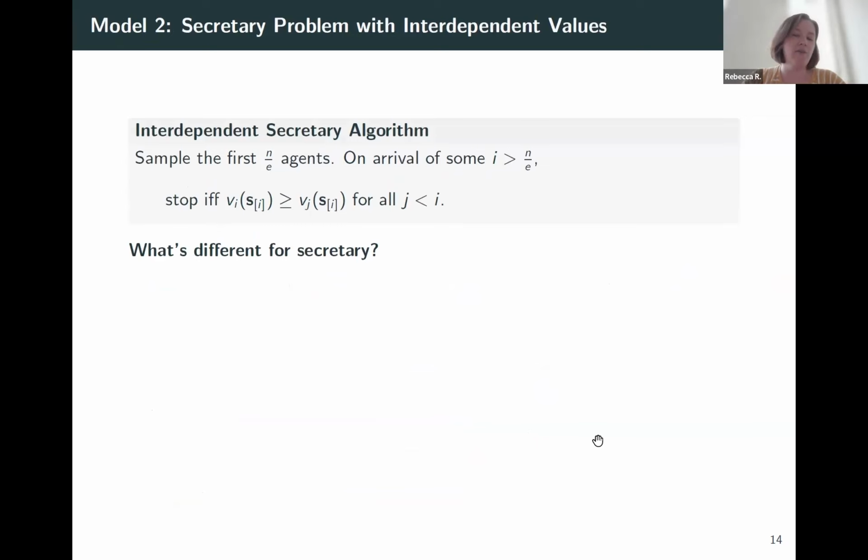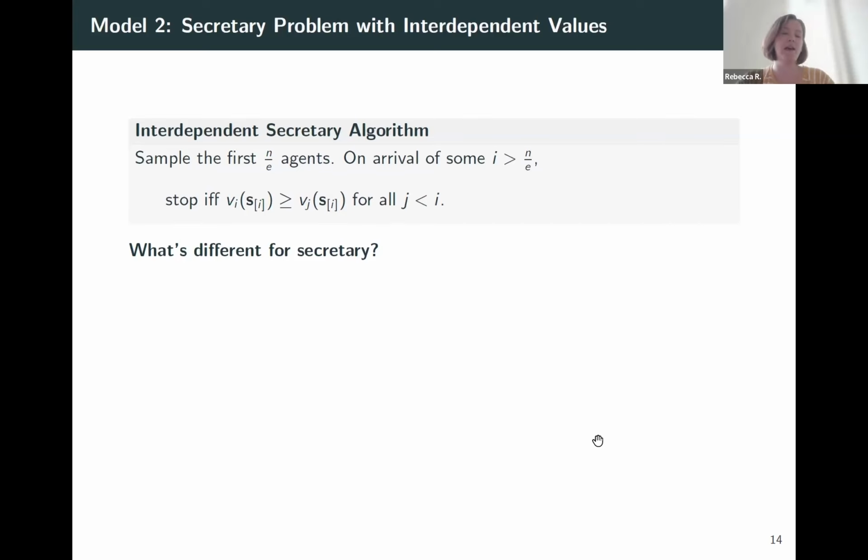And then on arrival of someone after the sampling phase, we will stop if their value evaluated on the signals we have yet is the best of all the betas we've seen. So this is very reminiscent of the original algorithm, just taking into account the part of the instance we already know.